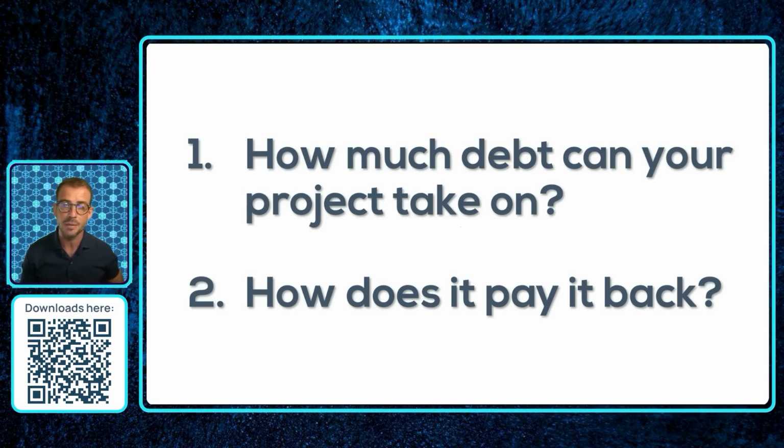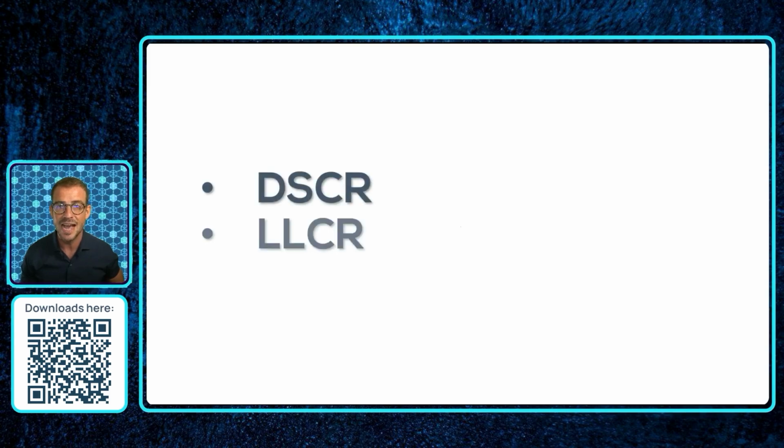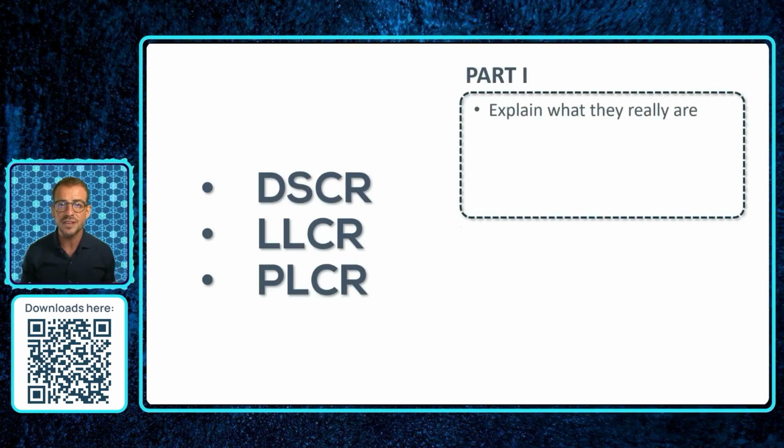The standard methods that project finance uses to answer these questions center on three ratios: the DSCR, the LLCR, and the PLCR. The first section of this course will dive deep into explaining what each of these ratios are. We will examine the math, yes, but also build your underlying intuition and understanding at the same time, so that you really get how these ratios work, why they are different to each other, and why we make use of all three of them.